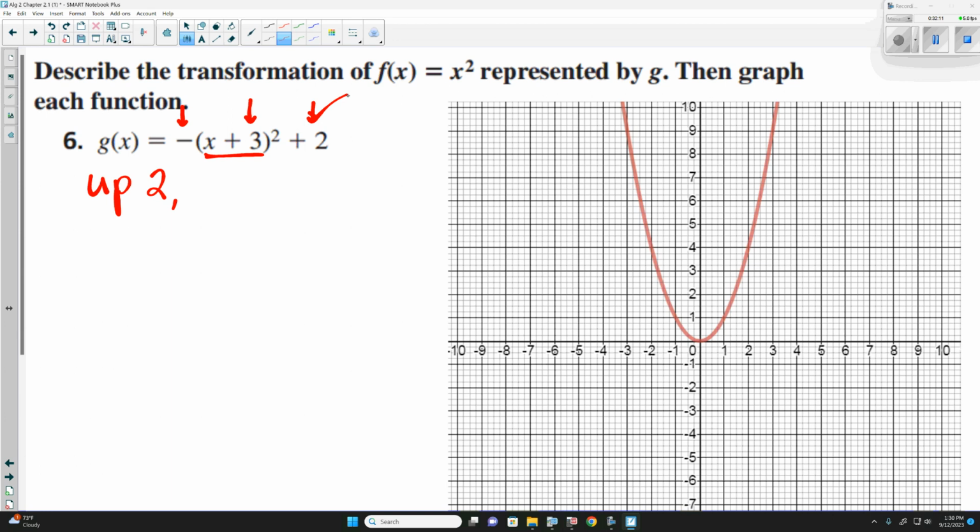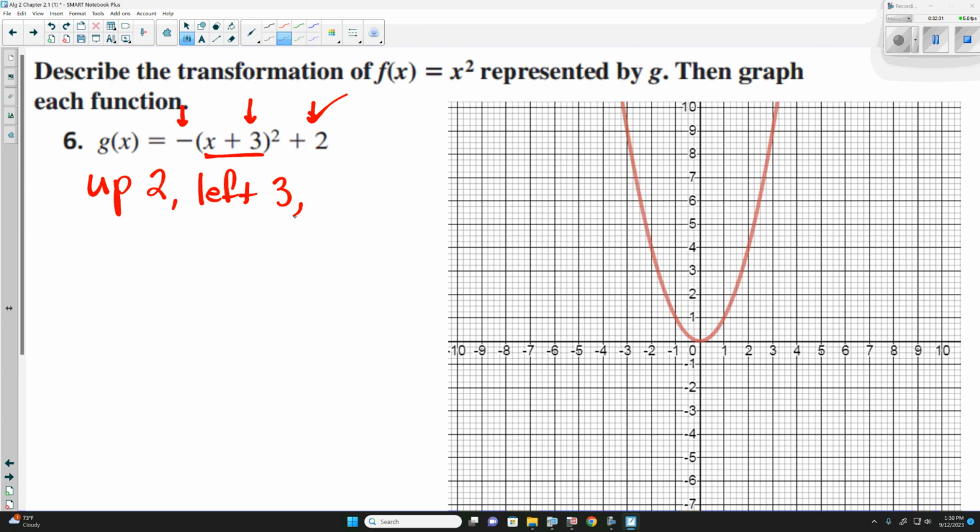The x plus 3. Plus 3 on the inside tells us moving to the left or to the right, and that would be what? Left 3. Inside parentheses, opposite of what we think.